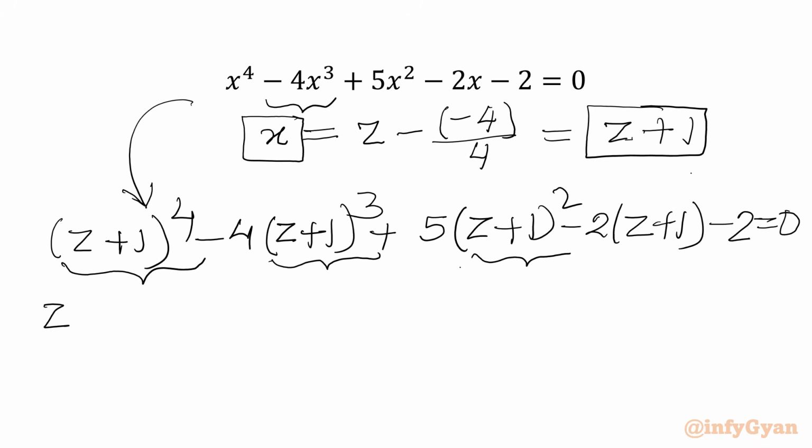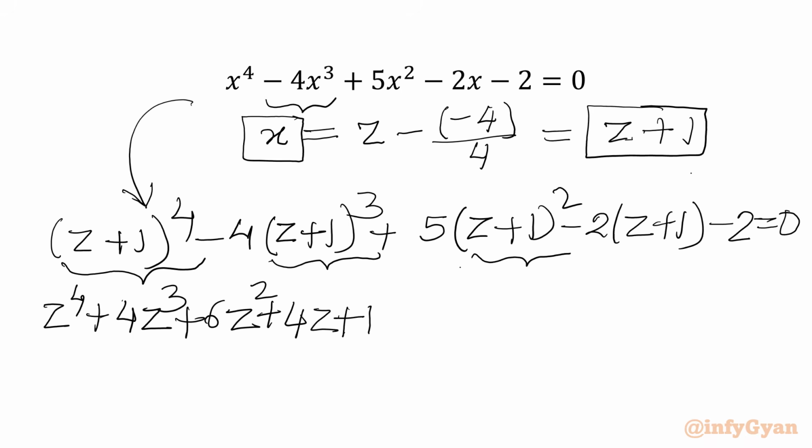So we can write 1, 4, 6, 4, 1. This is (z plus 1) whole power 4. Then we have minus 4 times (z plus 1) whole cube, which we know directly: z cube plus 3z square plus 3z plus 1.